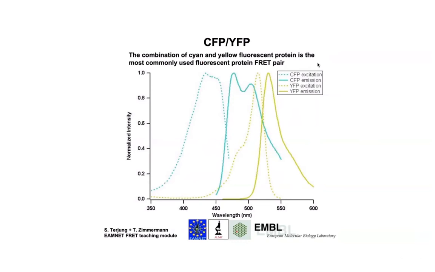You can then see that its emission is going to overlap with the excitation of YFP, and then YFP is going to give off light of a longer wavelength, lower frequency. What you're actually dealing with is the part where they overlap. So you want the emission of your CFP to overlap with the excitation of your YFP, and you can see that there is this range in which they overlap.